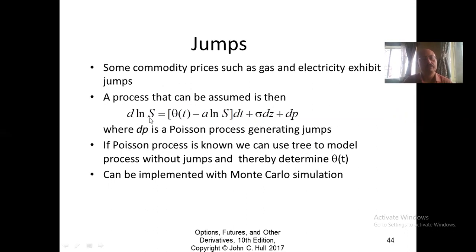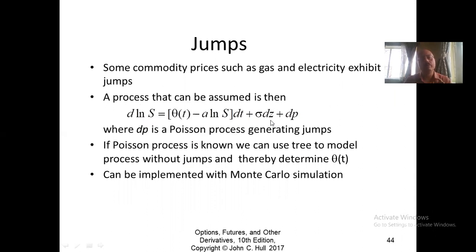The log price of the stock in the differential form is modeled as, this is our mean part, which is actually a mean reversion process, dt, so that's the trend. Then I have this sigma dz, which is the error part with the normal continuous Brownian motion type of error, analytically nice.